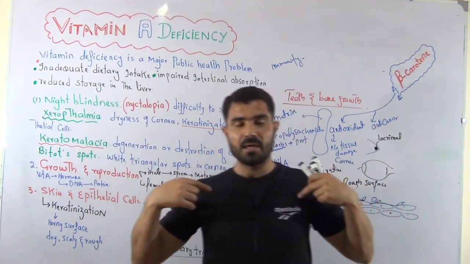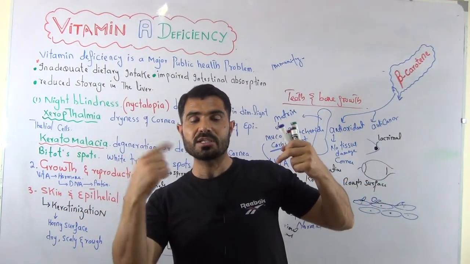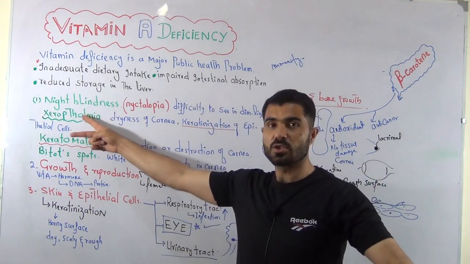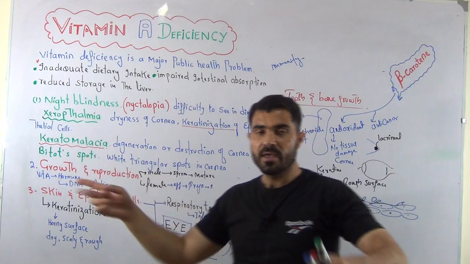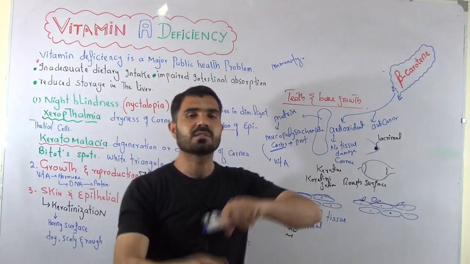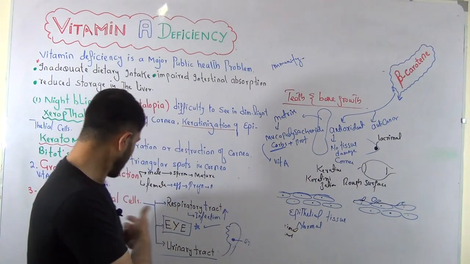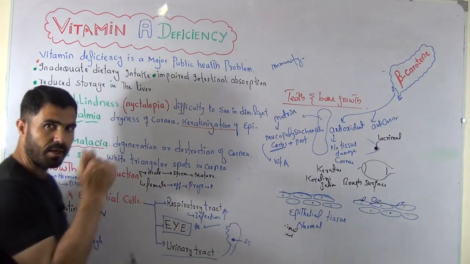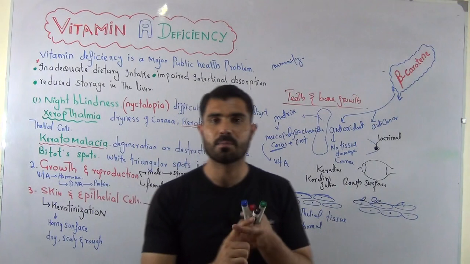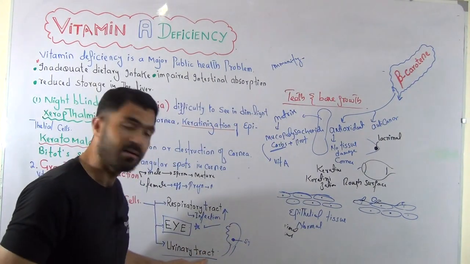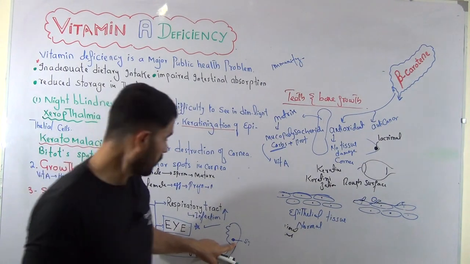And if an epithelial tissue is keratinized, then the problems can be seen in different parts of the body. Means if epithelial tissue is keratinized inside your eye, these two problems will be seen: xerophthalmia and keratomalacia. If epithelial tissue is keratinized in your skin, then your skin will be rough and scaly. If epithelial tissue is problematic in your kidney, then calculi will be formed, stone will be formed.